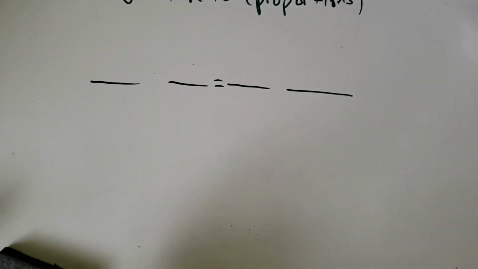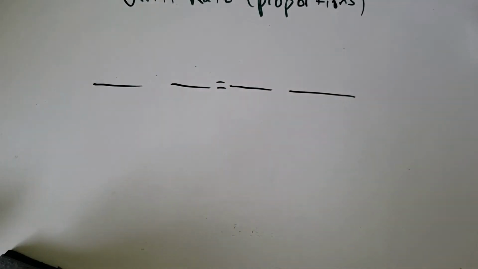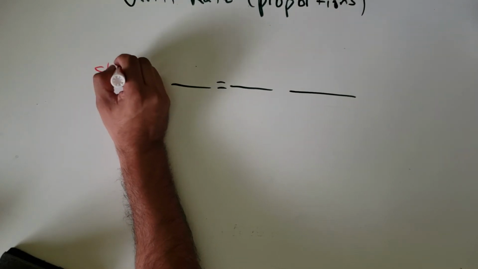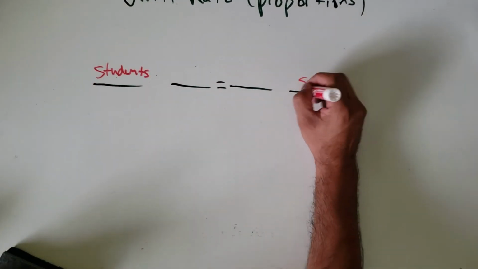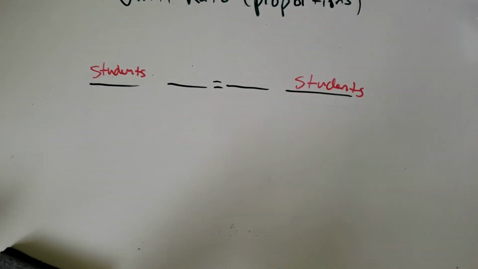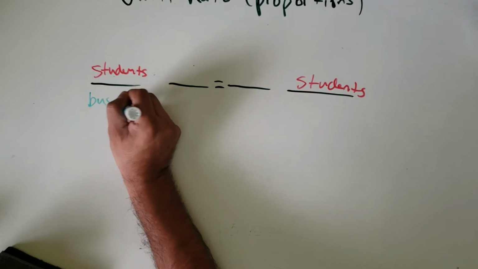And I'm going to continue using blue and red for your clarity, so it's just a little bit easier to distinguish between units. This one says 192 students and 4 buses. So right away I know my units. I have students, so I'm going to put students here and here. That way I know that students goes on the top. And I have buses on the bottom.